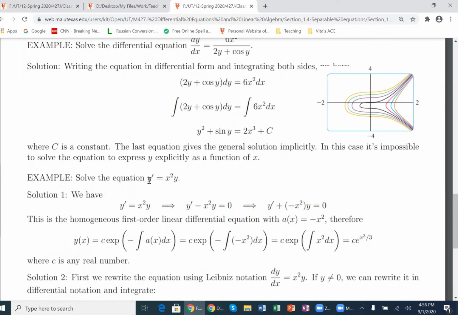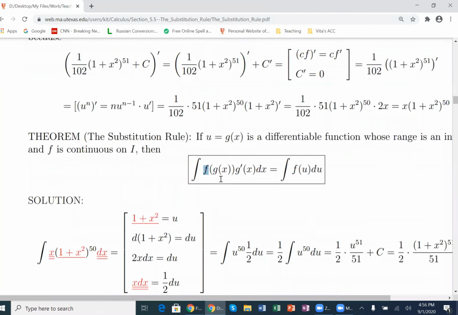But remember, inside the integral, we have y to the negative first power times y prime. So in our case, y to the negative first power is a composition of two functions.